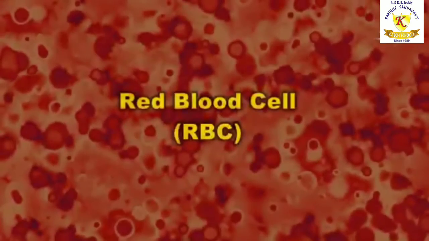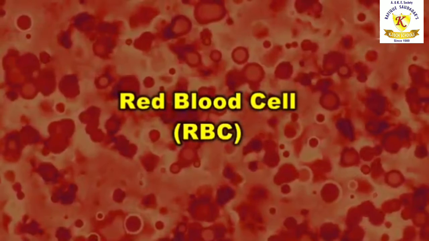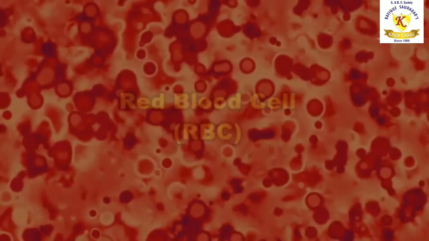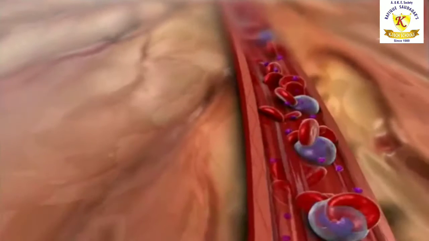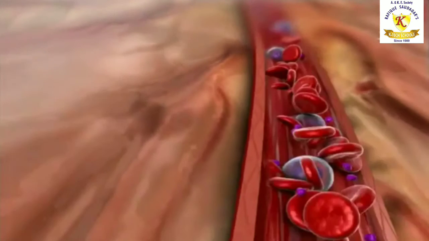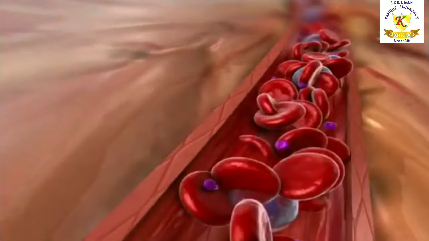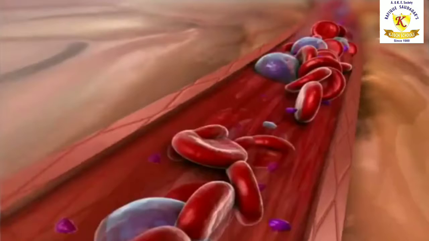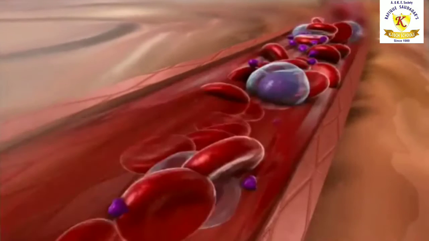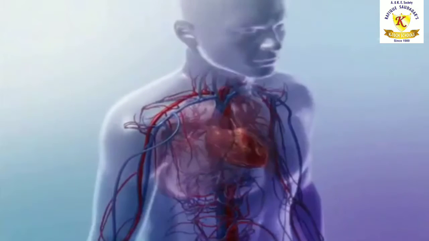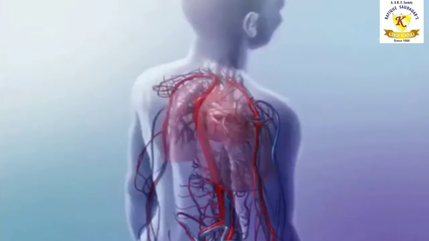Now children, let us study red blood cells, that is RBCs. Red blood cells are also called erythrocytes, make up 40 to 50% of blood volume and function to transport oxygen from the lungs to the cells of the body.